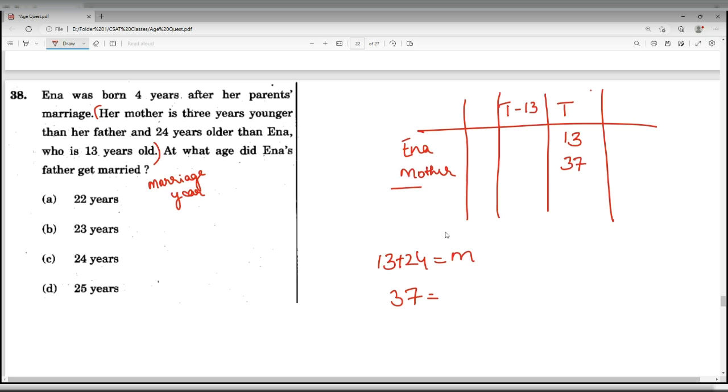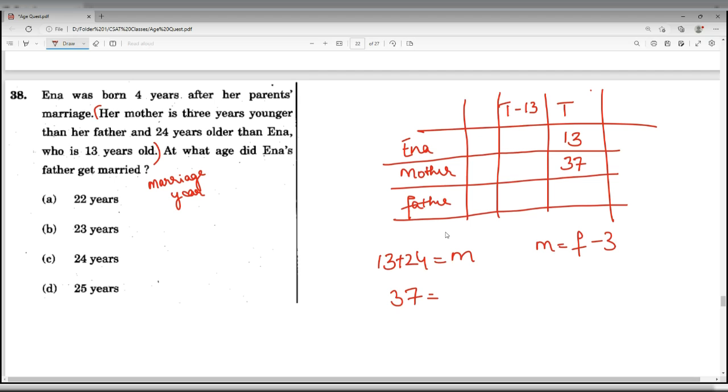And her mother is 3 years younger than her father. So mother is 37, father is 40.